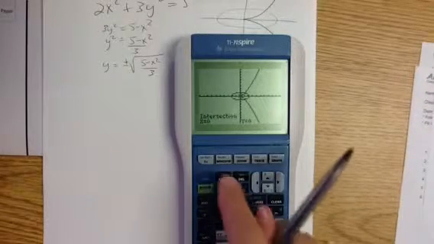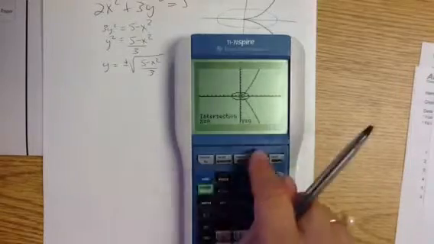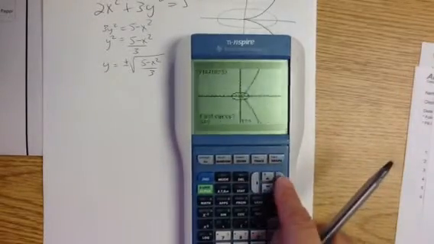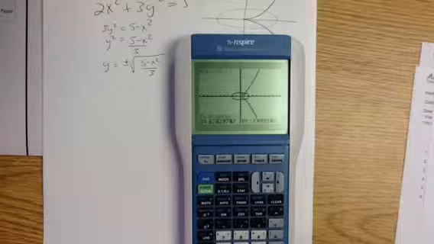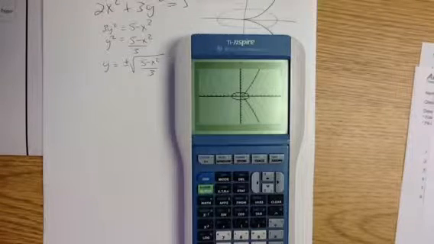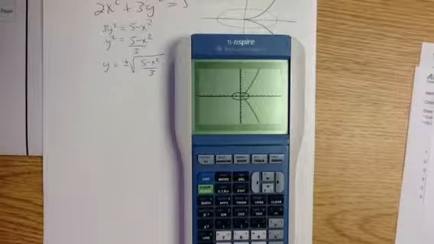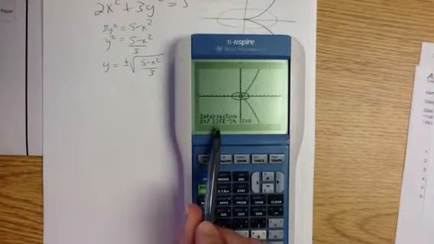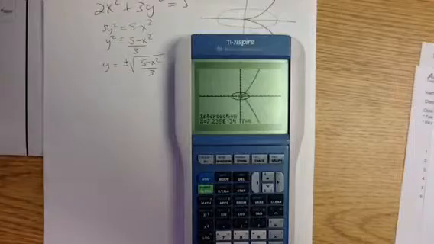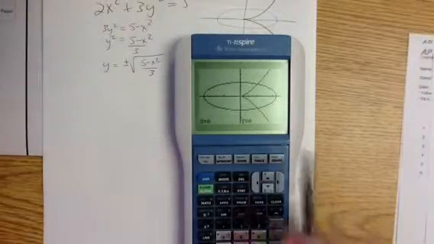Intersect, no, I don't want that one. Second calc, intersect, and I need to move closer to the intersection point. It's thinking, 0, 0. Again, it's not what I want. Zoomed in so we could actually see the points.